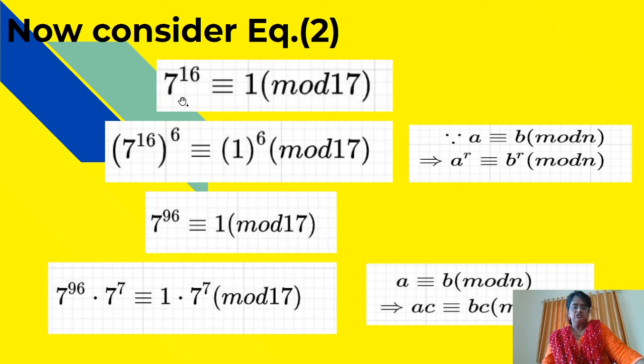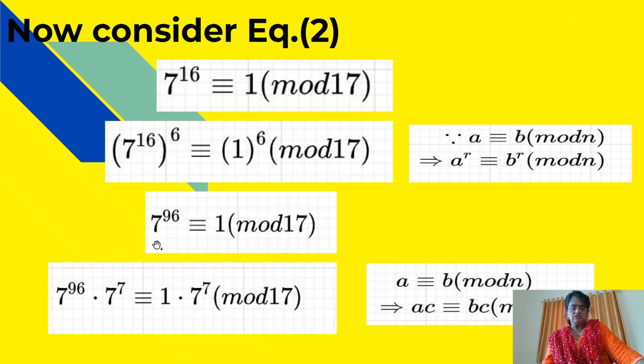From this equation, we can write (7^16)^6 is congruent to 1^6 mod 17. Because if A is congruent to B mod n, it implies that A^R is congruent to B^R mod n. Here R is 6. From this equation, we can write 7^96 is congruent to 1 mod 17.